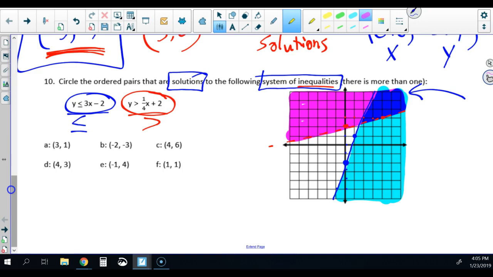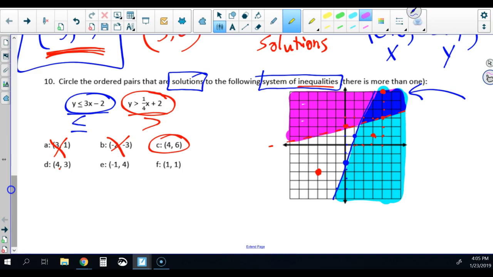So point A is 3, 1. Not a solution. Point B, -2, -3. Not a solution. Point C, 4, 6. 4, 1, 2, 3, 4, 5, 6. That one is a solution. There may be more than one, it says, so keep going. 4, 3. 1, 2, 3, 4. 1, 2, 3.